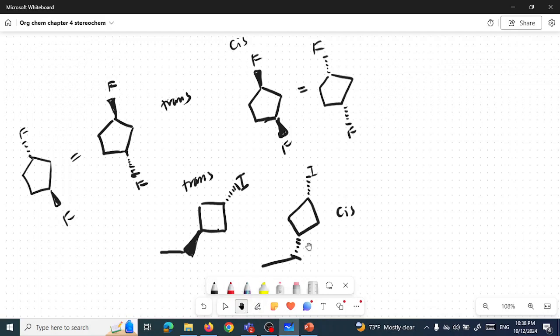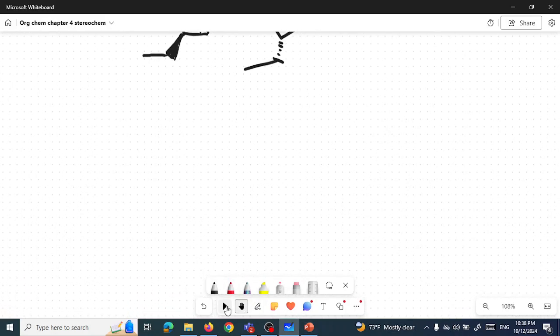Now normally when we draw the chiral center, we would draw the carbon, or even you don't have to draw the carbon, just a dot. You draw the bonds which are on the plane right next to each other, and then 2 other bonds kind of closer to each other.